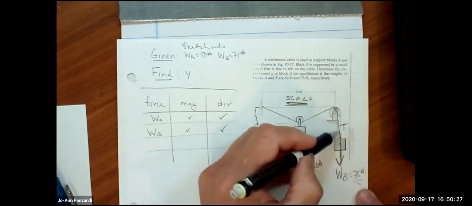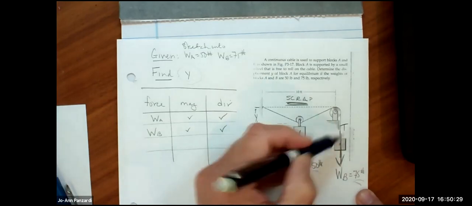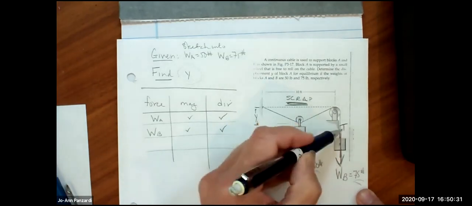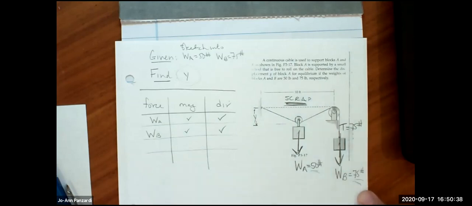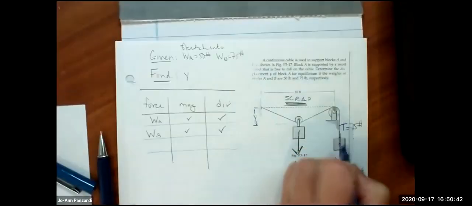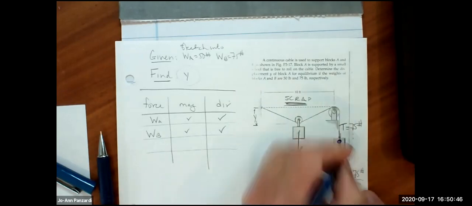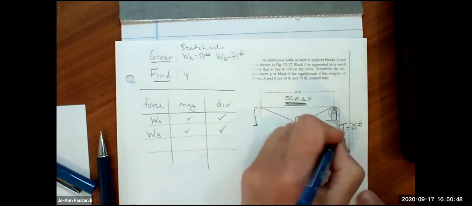So if this is T here, and this is the weight, what is T equal to? The weight. Right. It's equal to the 75 pounds, right? And why? Because it's holding it up. And if we wanted to think about it, we could do a free body diagram of block B, and the weight of B goes down and the T goes up.